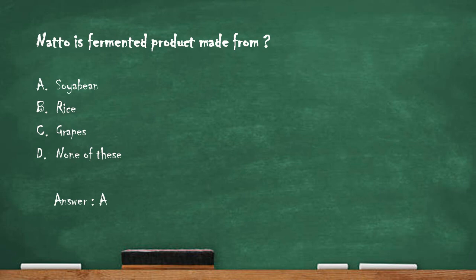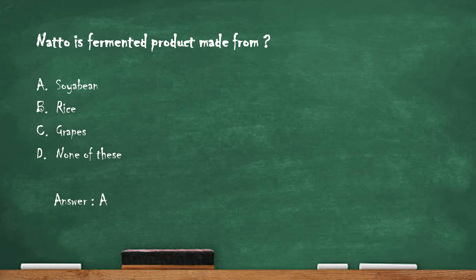So basically natto is a Japanese fermented food made from soya beans. When forming natto, the soya beans are first soaked and cooked. Then they are mixed with Bacillus subtilis to allow fermentation for up to 24 hours at 40 degrees Celsius.